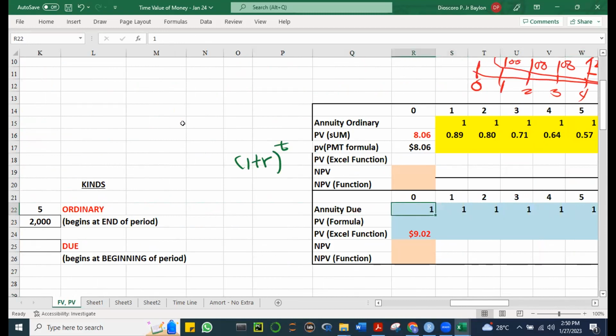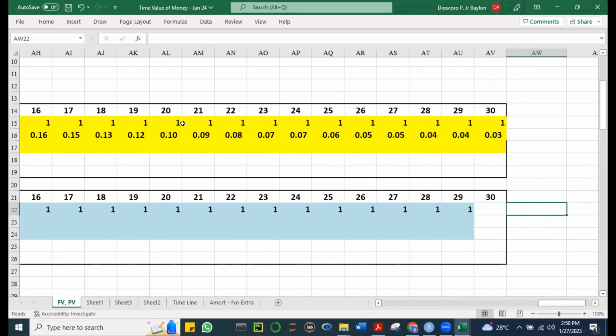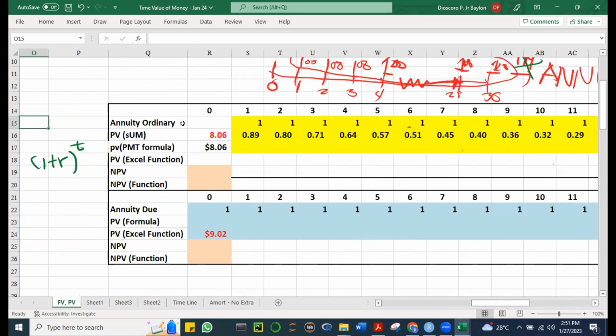You have one beginning immediately and then up to year 29. But if you count those cash flows, those are 30 cash flows, just like this one. Now, the problems here are usually to find the present value or find the future value of this stream of cash flows.